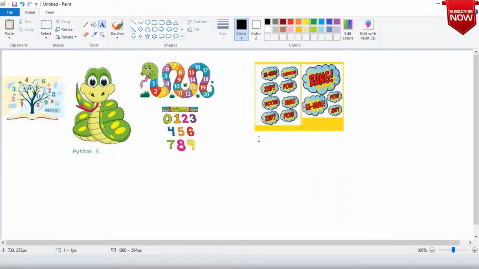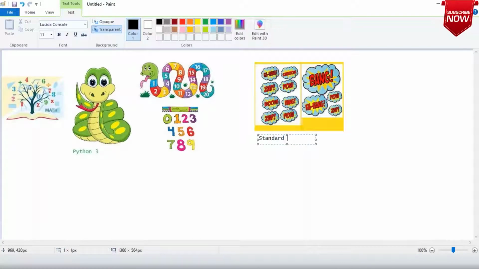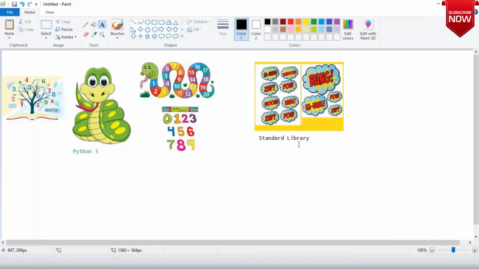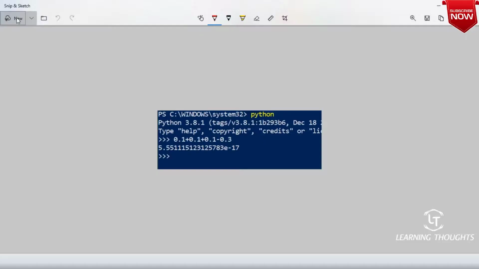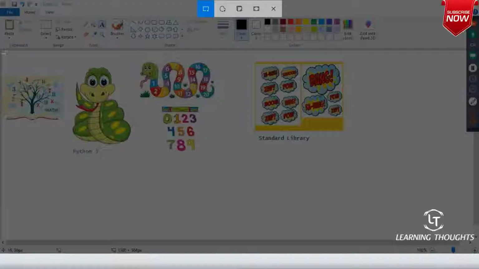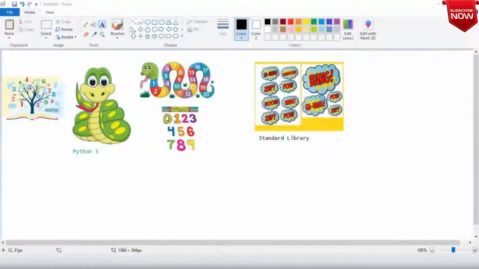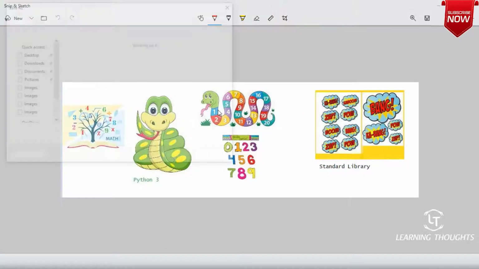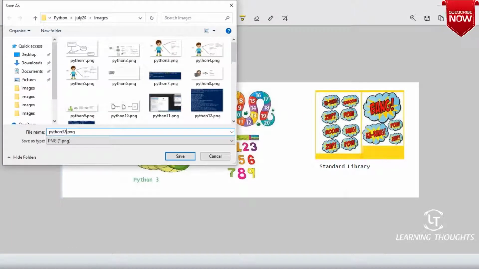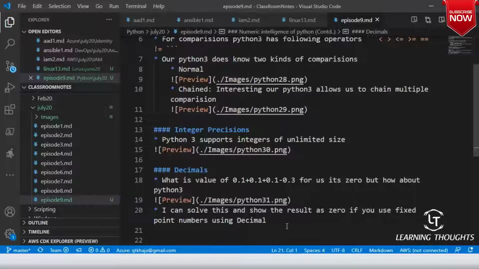This comes from something called the standard library. Some people also say Python has all the batteries included in it. What I mean by that is if I know how to use the standard library, I can solve this problem. So the standard library solution which we are going to use right now is using decimal.